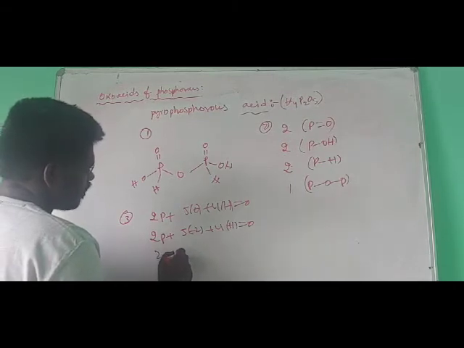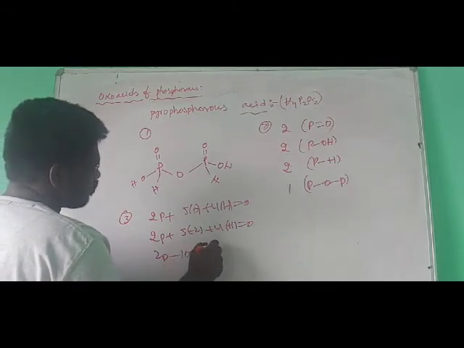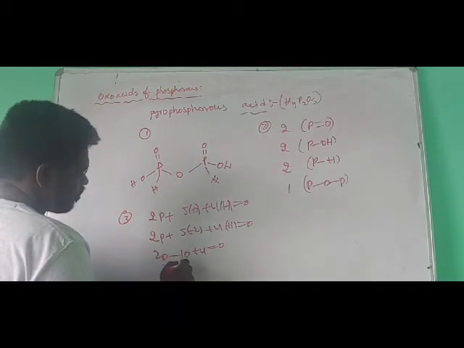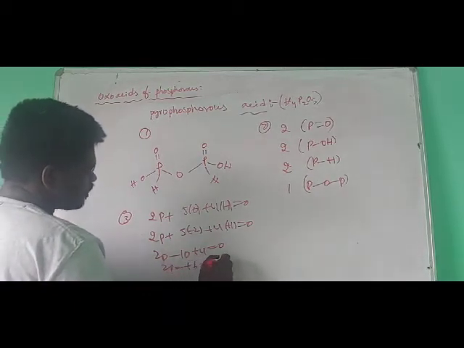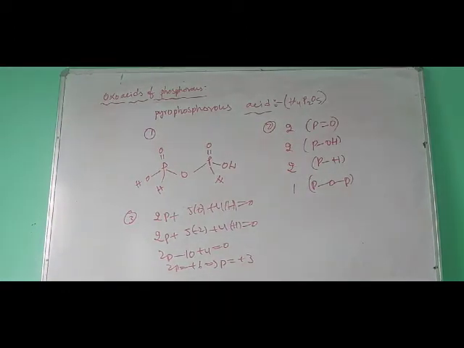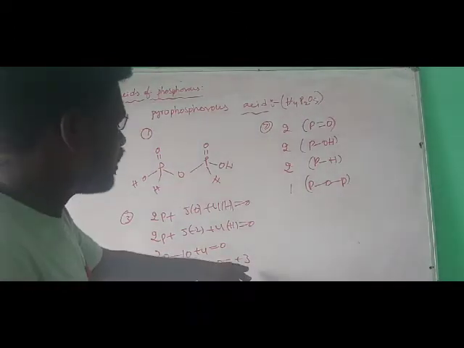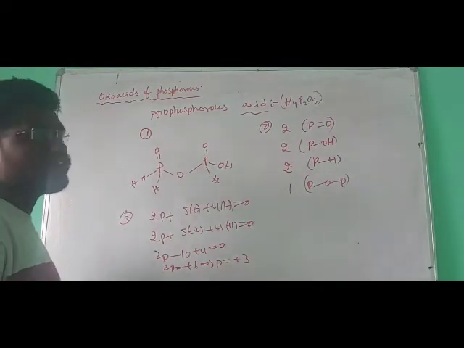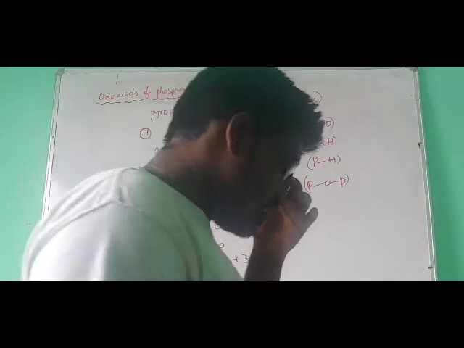So 2P minus 10 plus 4 equals 0. So 2P equals +6, from this P equals +3. So now, guys, in this molecule each phosphorus has +3 oxidation state. This one has +3 oxidation state and this one also has +3 oxidation state, right?